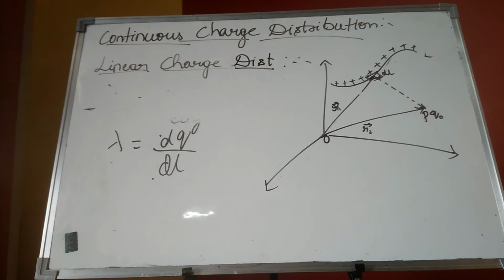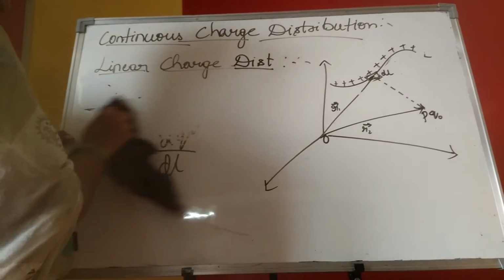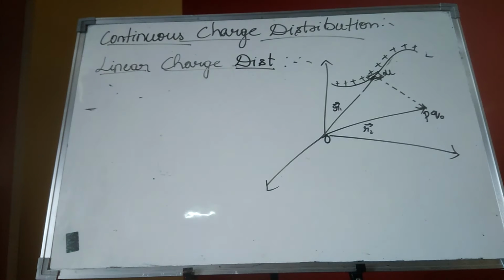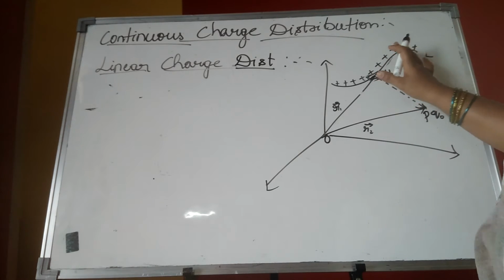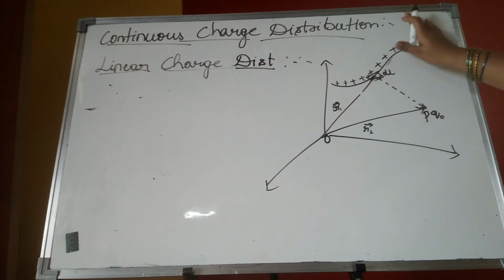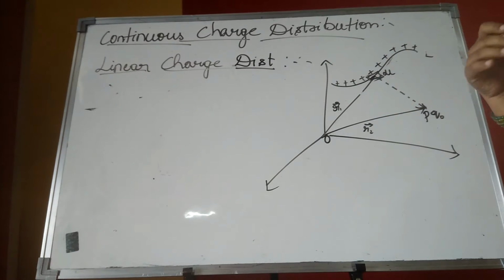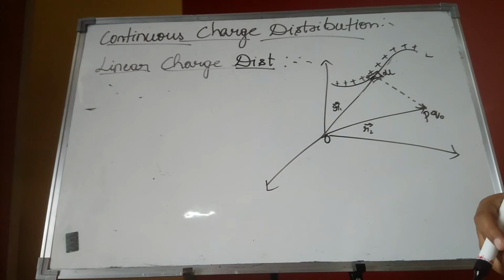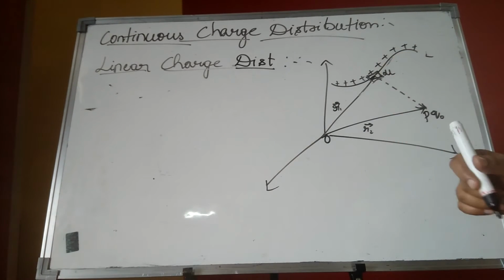Based on this, how can we write the expression for Coulomb's force? We know that Coulomb's force is F is equal to 1 by 4 pi epsilon naught Q1 Q2 divided by R square, where Q1 and Q2 are two point charges. Here we are not considering one point charge but a continuous distribution of charges. So to make it easier, we have considered a small element dl having charge dq.